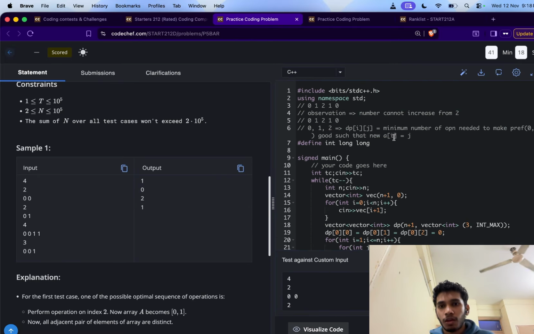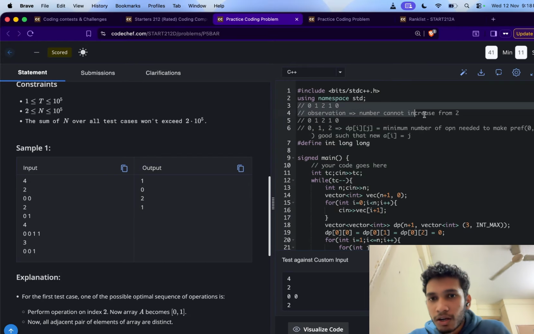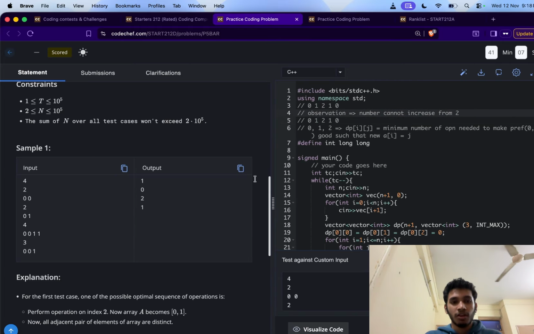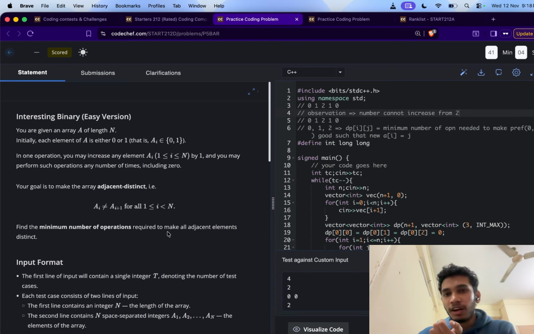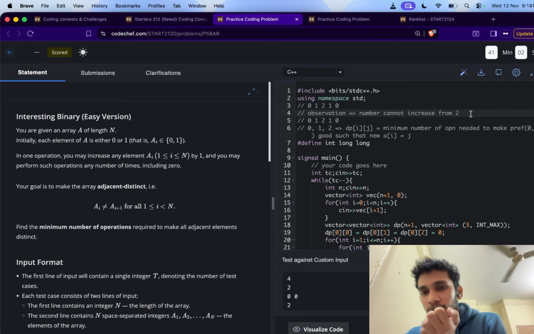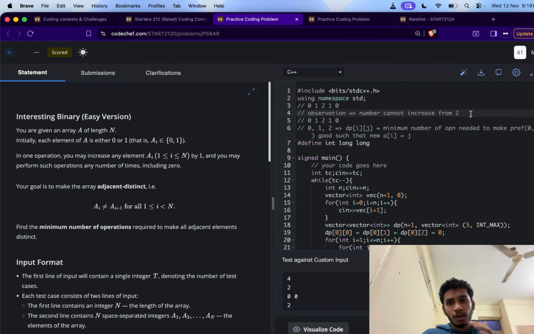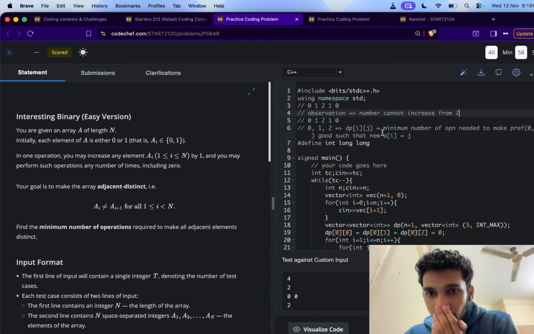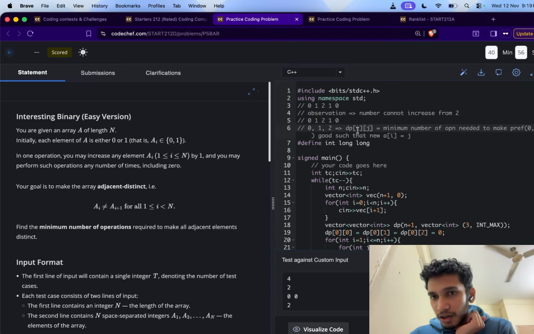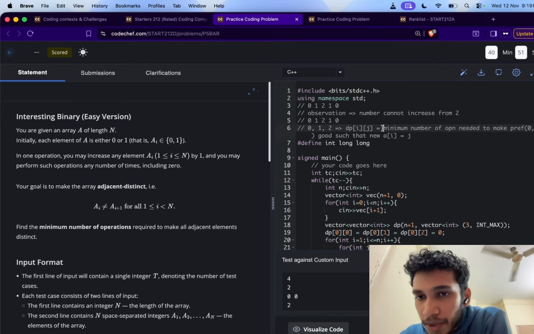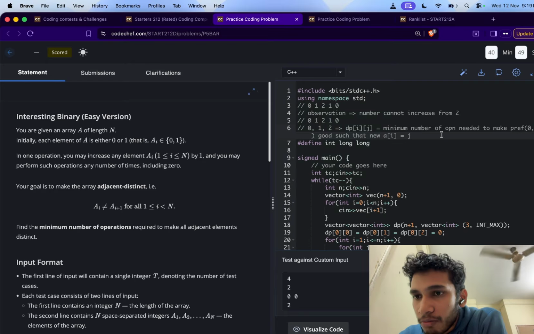Okay. Let's understand this solution once again. Initially, we observed that a number cannot increase beyond 2 because it won't be the minimum number of operations. Increasing it to 3 would increase the number of operations while we can do it using 2 itself. Now we devised a DP state where dp at I comma j equals the minimum number of operations needed to make prefix from 0 to I good.